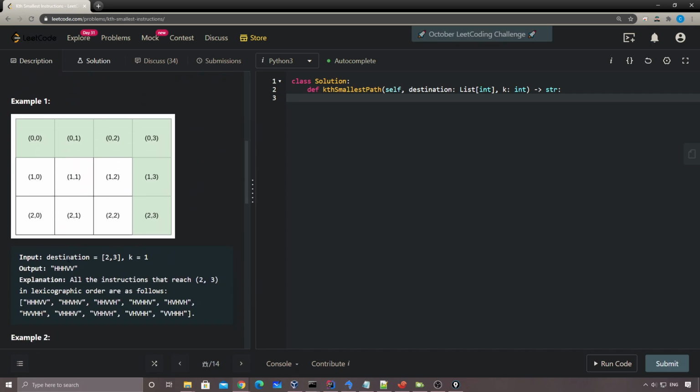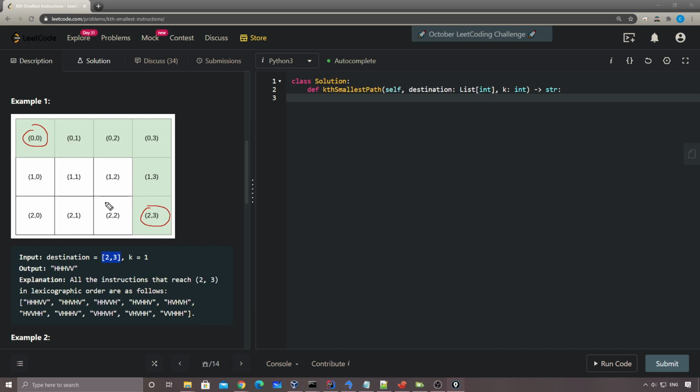Basically, you're given a destination, which is the coordinate on a 2D plane, and another number K. The process is you start from 0, 0 and end at this destination, in this case 2 and 3.